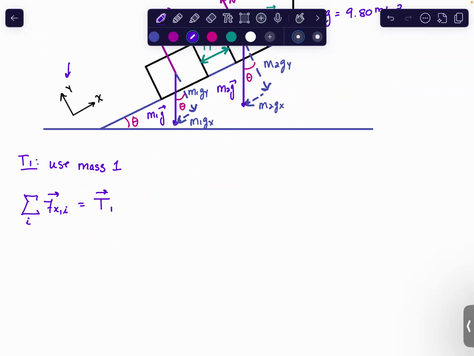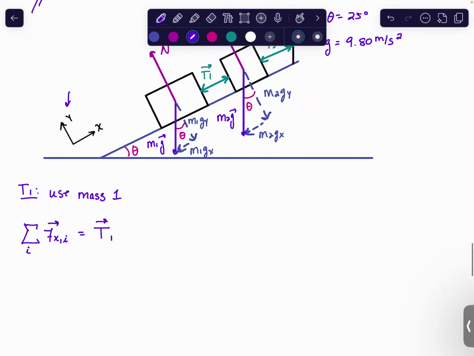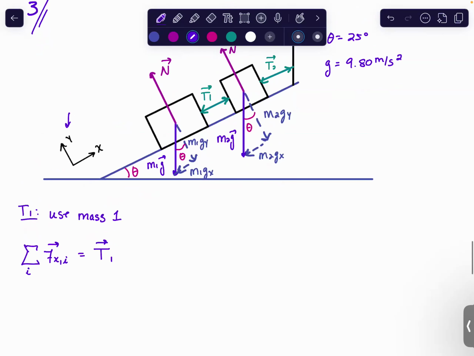There's going to be T1. Then remember that each mass is still going to have its gravitational force. So if I moved it up here, that is going to be the x component of the gravitational force.